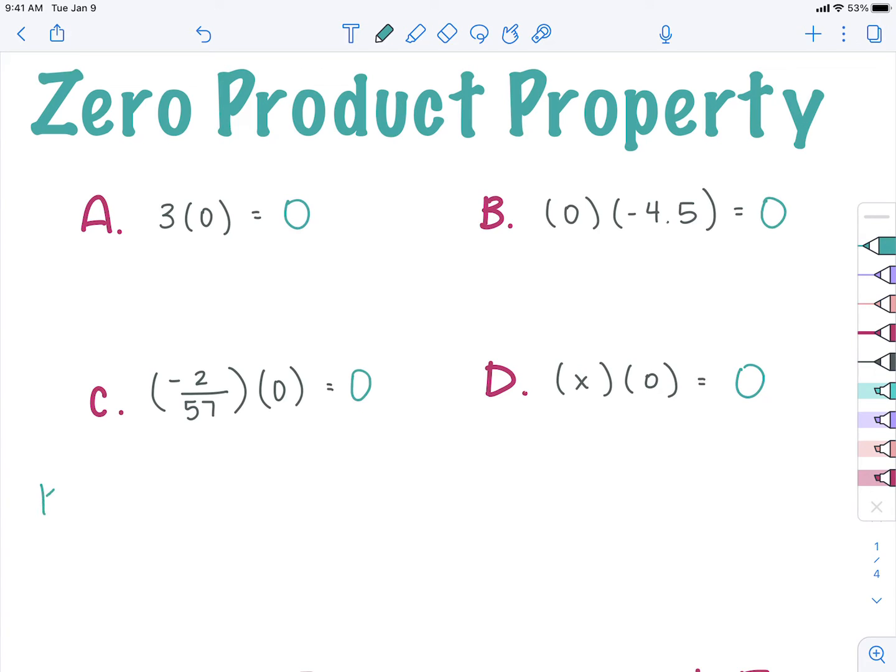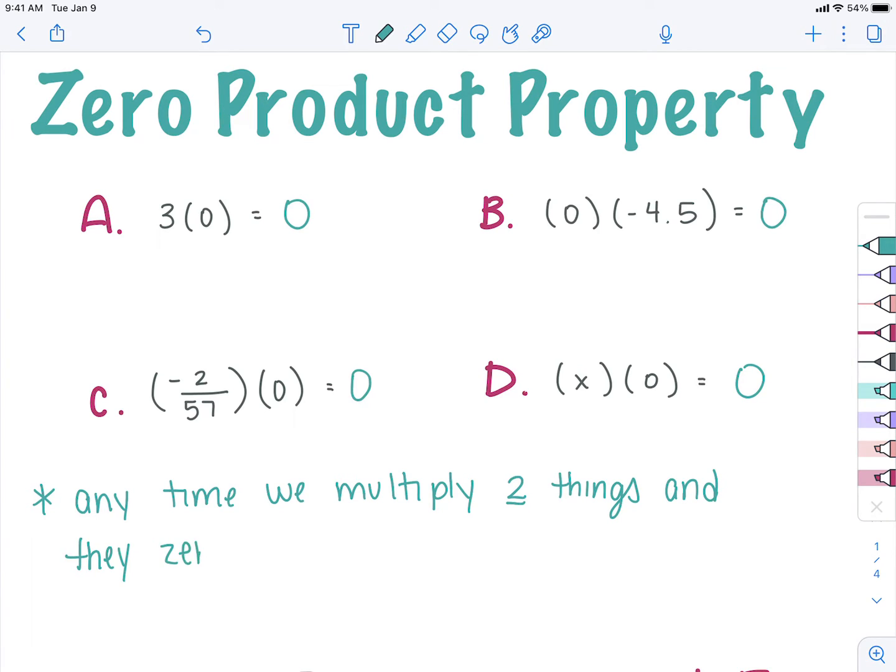So we want to write down: any time we multiply two things and they equal 0, one of them has to be 0. In order for us to get it to equal 0, we have to multiply by 0 to begin with. They might both be 0, or just one of them can be 0, but one of them has to be 0.